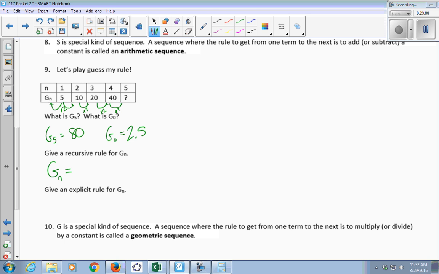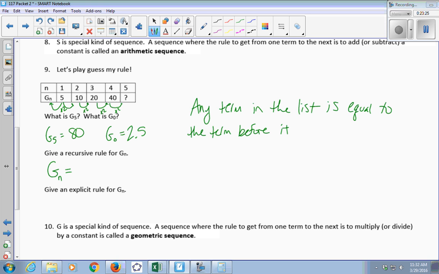So the nth term in the list, so any term in the list, is equal to the term before it times 2, right? So everybody saw that pattern, was able to say it out loud to me just now, right? Any term in the list is just the term before it times 2.